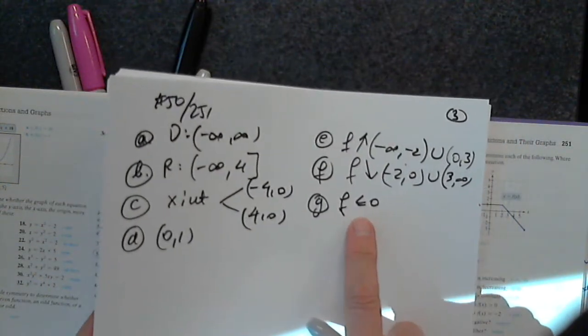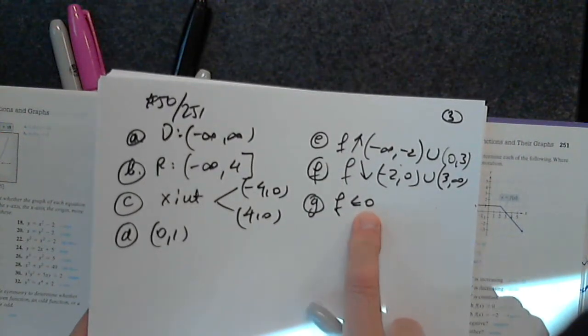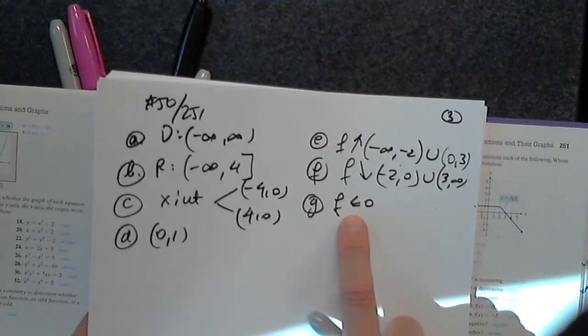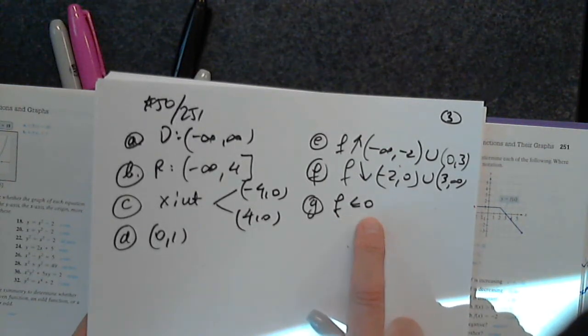So now we are asked in this question to find the x values for which the function values are 0 or less. That is, f less than or equal to 0. The function means the y values. So find x such that the y values are 0 or less. What will you say?